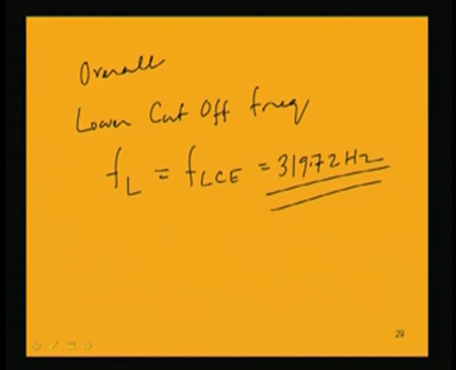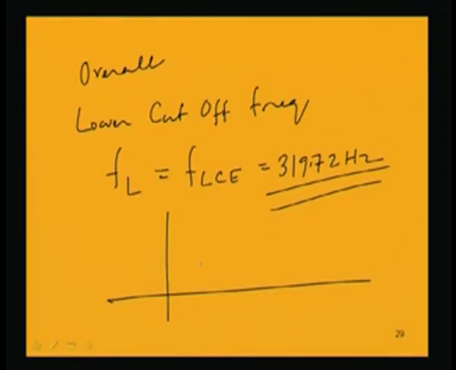So, finally, this is the lower cutoff frequency in this amplifier. The mid-band frequency region gives a constant voltage gain, but lower and higher frequencies offer a reduced voltage gain, and here in this particular example we have seen that the value where the 3 dB cutoff frequency exists is 319.72.